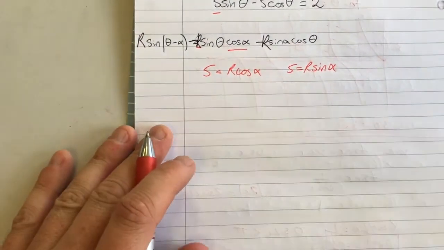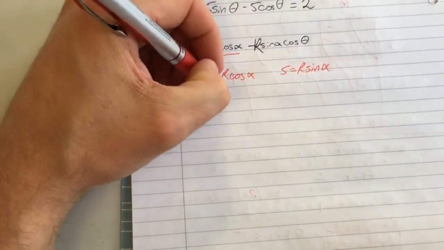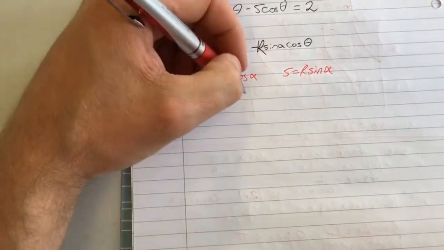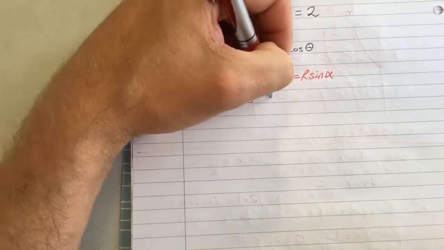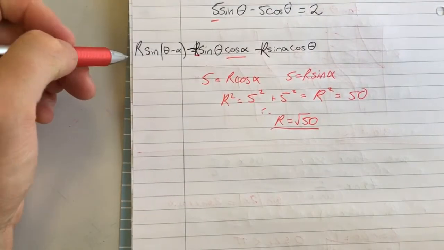Cool. So to find r, we're going to square both these and add them together. We know cos squared plus sine squared is 1, so we end up with r squared is this number squared plus this number squared. So r squared is 50, therefore r is root 50, so that goes there.